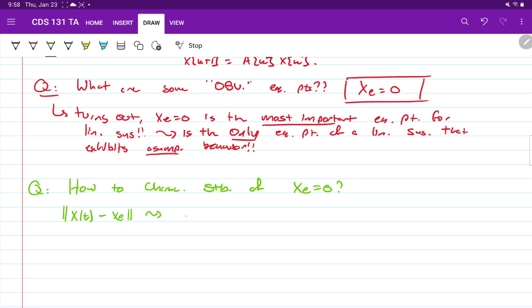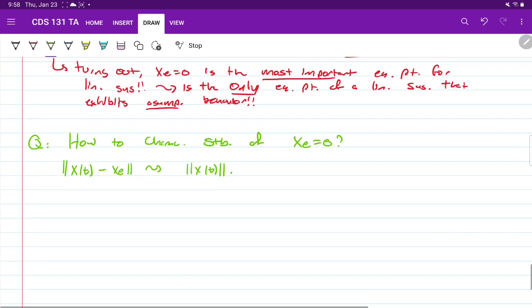But for xe equals 0, what's kind of nice is x of t minus xe is just equal to the norm of x of t. Okay, so here's what we're going to do. We're going to examine the continuous time case in particular, using this observation.